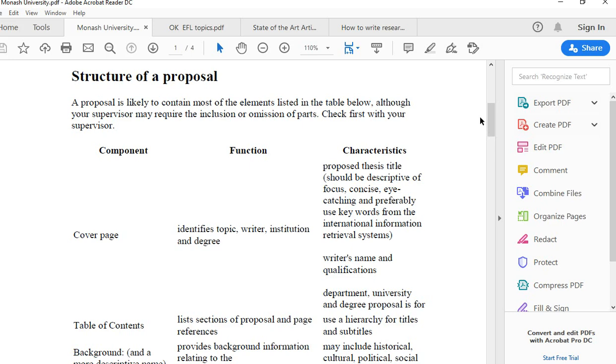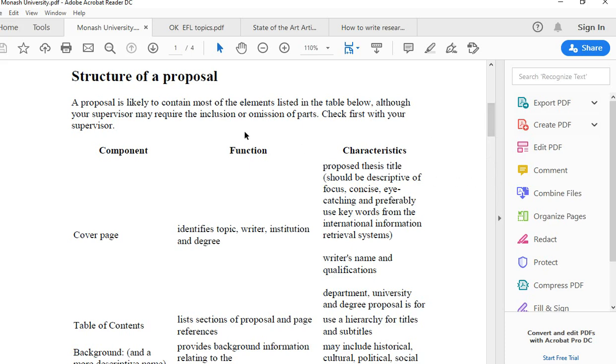I've said that it consists of at least three main sections: introduction, review of literature and methodology, and there are some subsections in each category or each chapter. But now I want to look at it from a different angle, talking about the components of a proposal, its function and characteristics. Let's look at it.